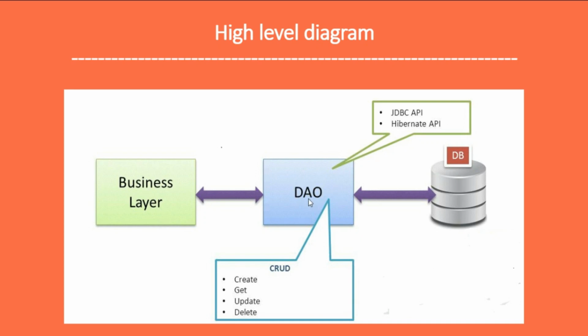The DAO layer contains all the database related logic or persistence logic, and it can be implemented using the JDBC API, Hibernate API, Spring JDBC, or MySQL, etc. In the DAO layer we are separating out all the database or persistence related logic, and in the business layer we are keeping all the business related logic, so that they are decoupled from each other.